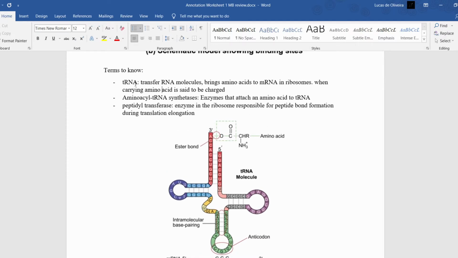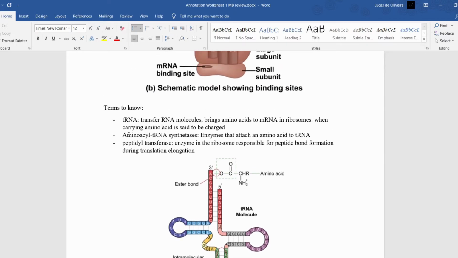And this tRNA, called a transfer RNA, has the amino acid that's going to be added onto the polypeptide attached to its 3' end. An enzyme called aminoacyl tRNA synthetase attaches the amino acid to this 3' tail of the tRNA.